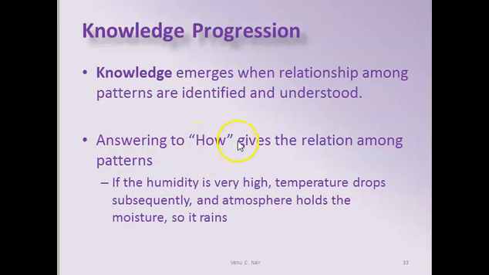That relation is obtained by answering to the question how. Let us continue with the same raining example. If the humidity is very high, temperature drops subsequently and atmosphere holds the moisture, so it rains. So we are reasoning the happening of the raining process by this statement. So this becomes a knowledge.